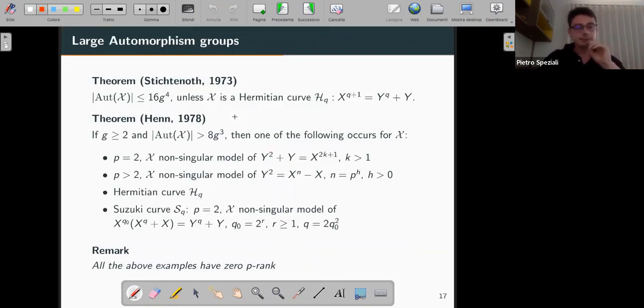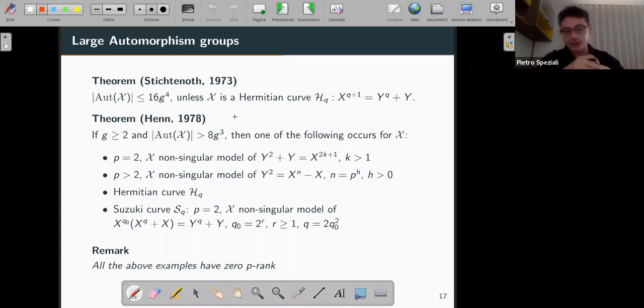But before we get there, let's look at the opposite side of the spectrum. As I told you, we have just one curve with more than 16 g to the 4th automorphisms, which is the Hermitian curve. Then Henn improved these results in 1978, telling you how many curves have more than 8 g cubed automorphisms.